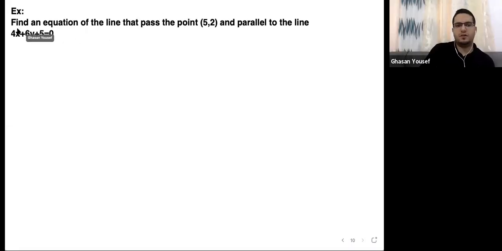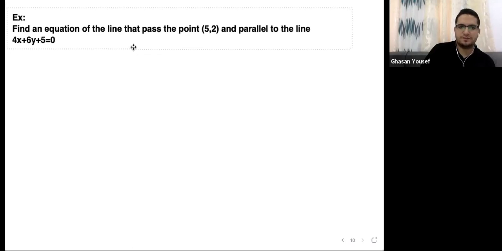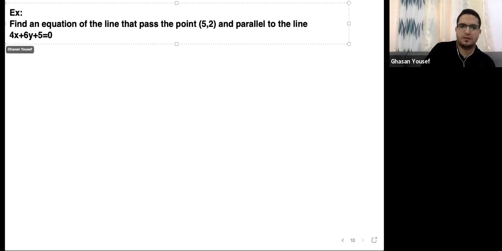So first of all, we start by changing the equation into the slope form. I have 4x plus 6y plus 5 equals 0. How can we do it?